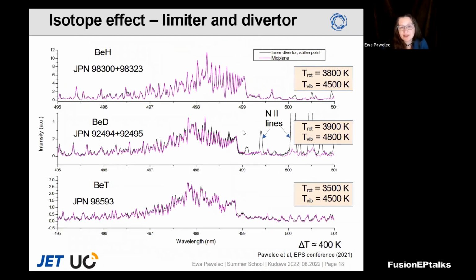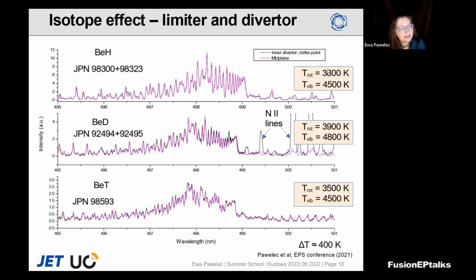We have measured the different isotope versions of the beryllium hydrides, and they are pretty similar for different isotopes. You can see here that we have measured, for example, beryllium hydride, beryllium deuteride, and beryllium tritiide, however we would call it, tritiated version.